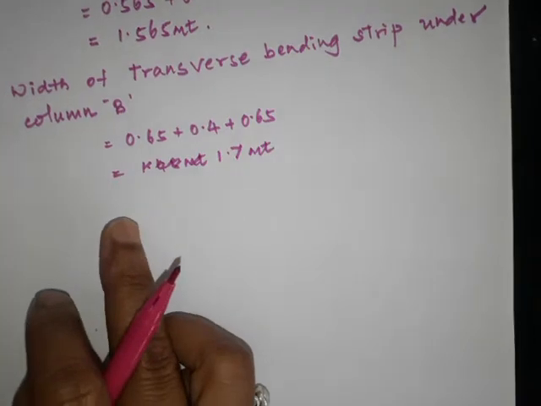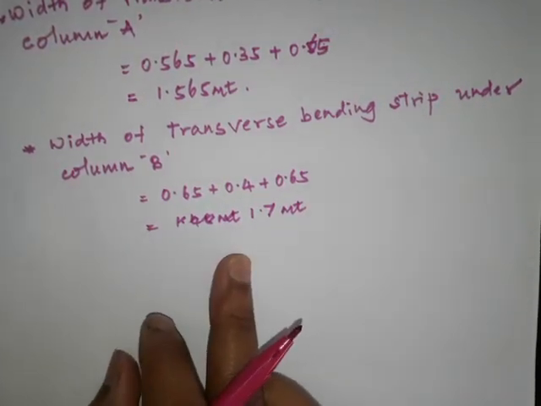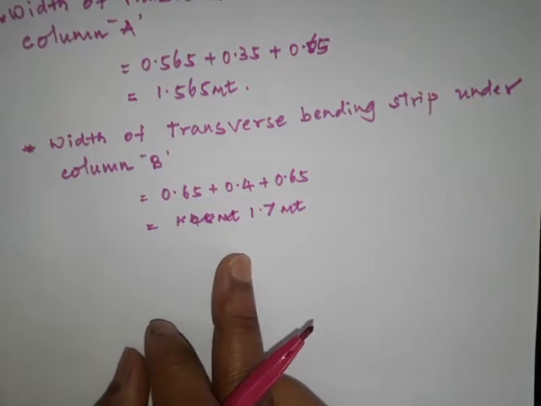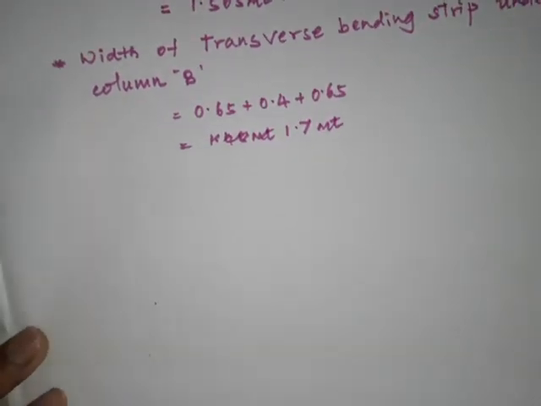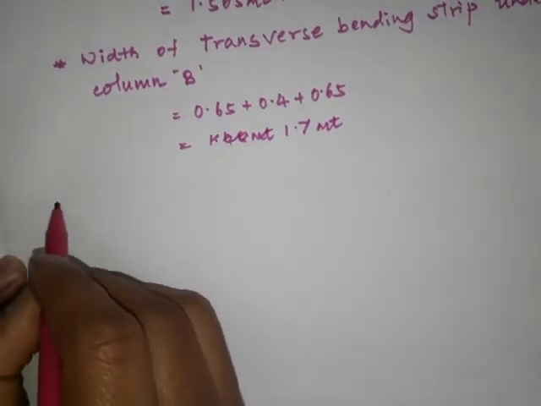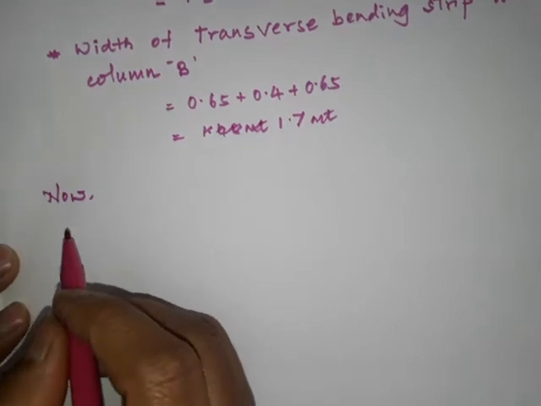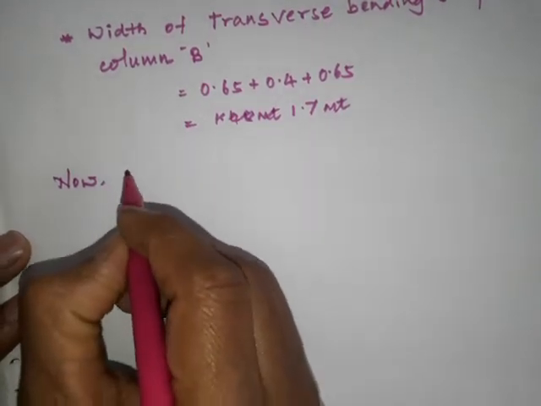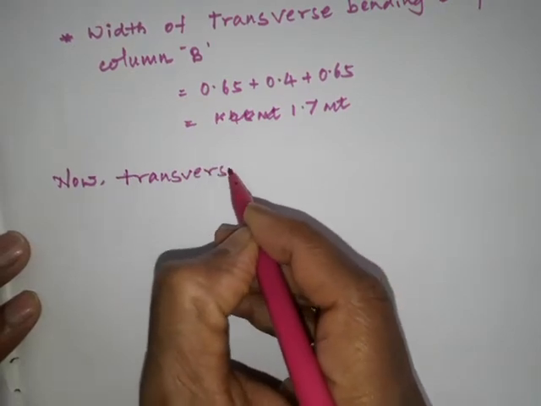So we got the transverse bending strip. So we will go for bending moment. Okay. Then now transverse bending.